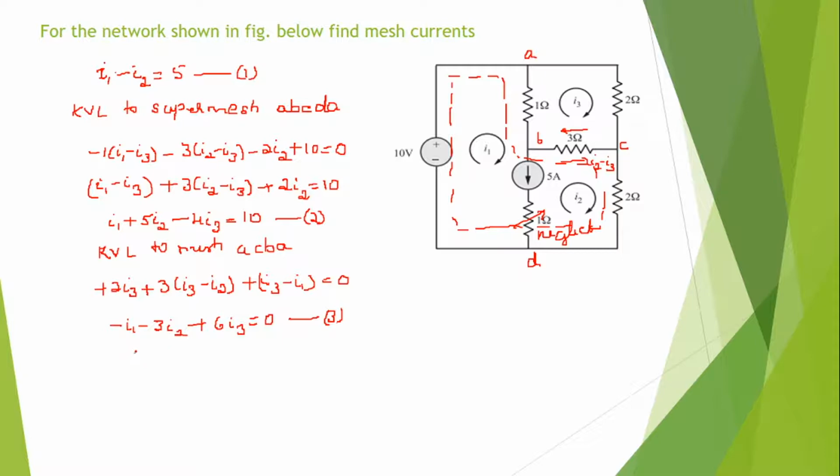So it is written in matrix form as 1, minus 1, 0; 1, 5, minus 4; and this the minus 1, minus 3, 6, into I1, I2, I3, equal to, what are the right hand side values? 10, sorry 5, 10, 0.